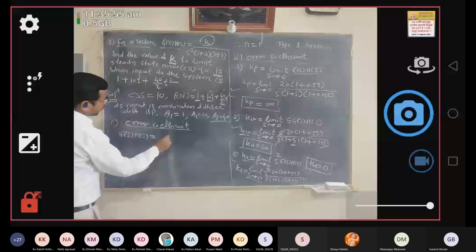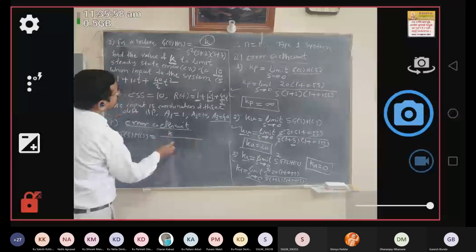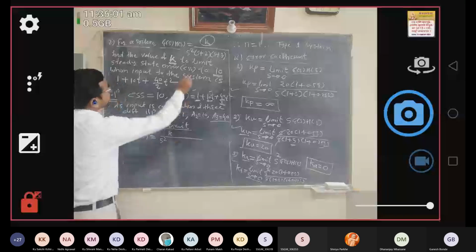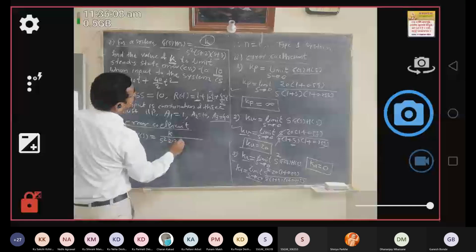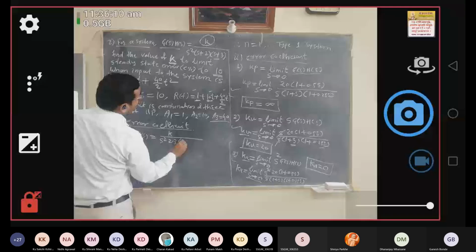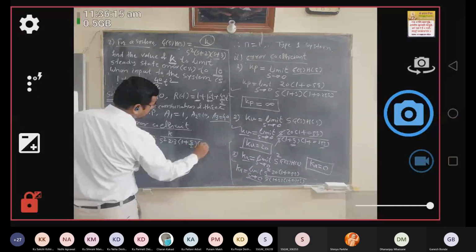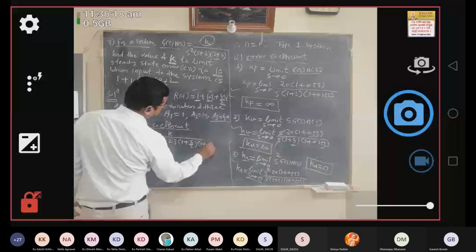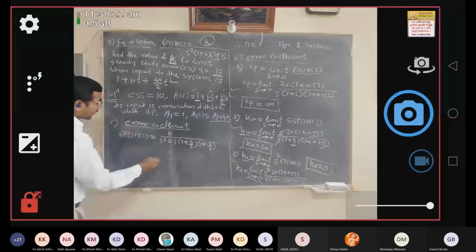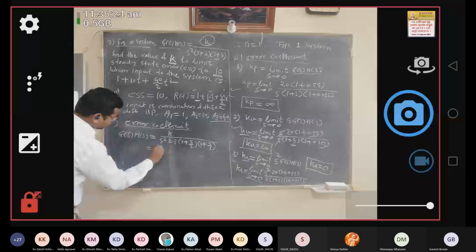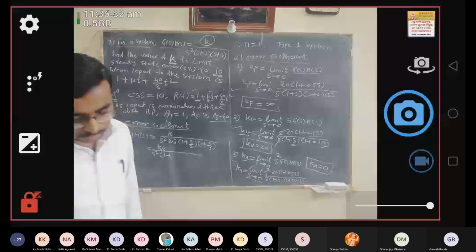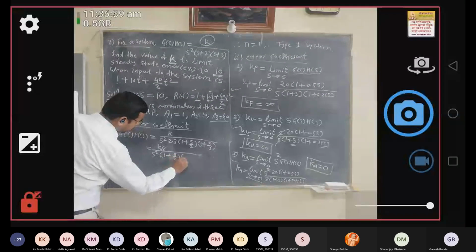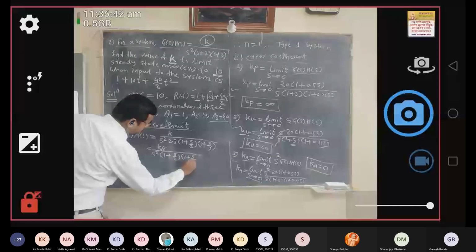So here is k. So k upon s square into, इसमें से मैं कॉमन ले लेता हूँ 2, हियर इज 2, ये टर्म में से कॉमन ले लेता हूँ 3, हियर इज 3, तो बचेगा 1 प्लस s बाय 2, 1 प्लस s बाय 3, so 2 into 3 6, so it could be k by 6 upon s square into 1 plus s by 2 plus s by 3.